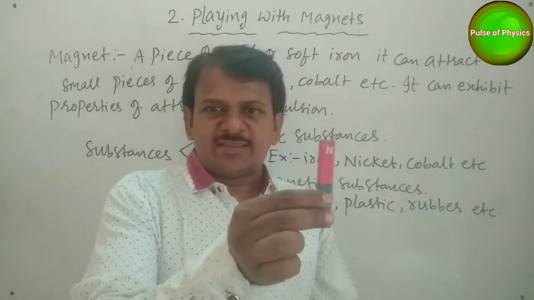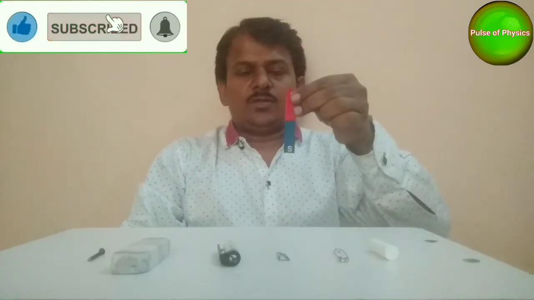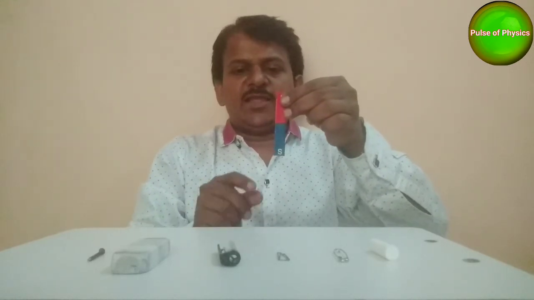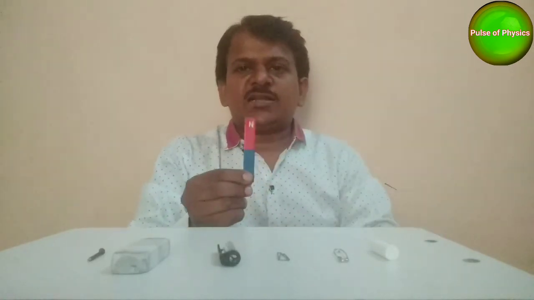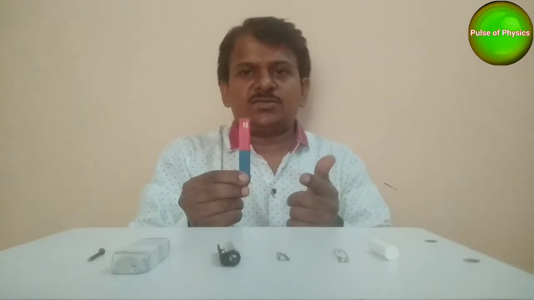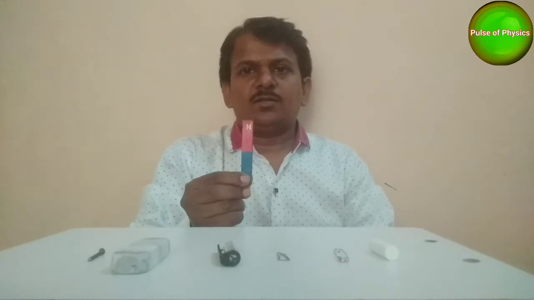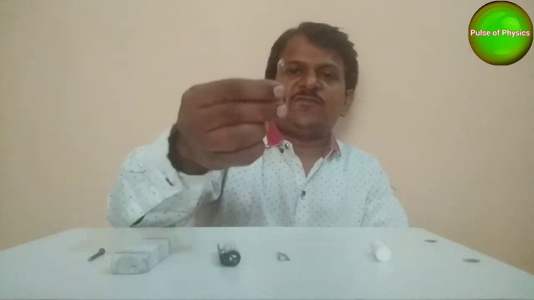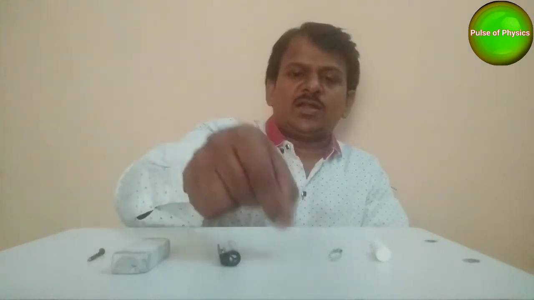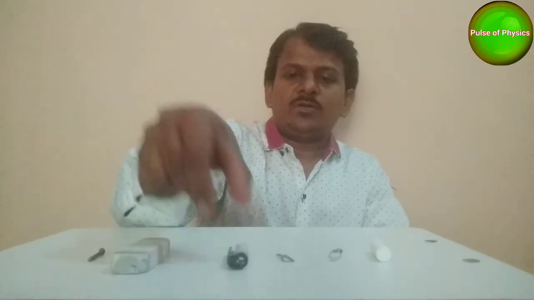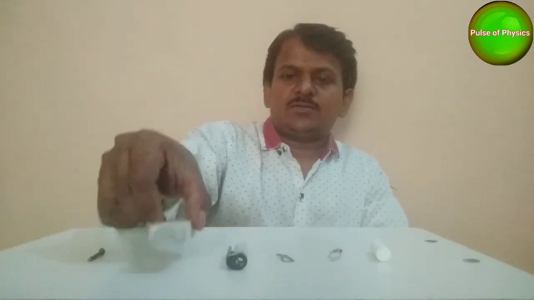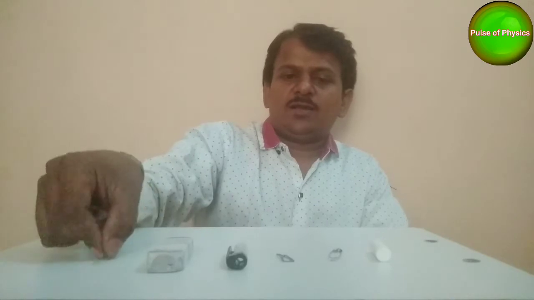Let's see the activity: finding the materials which are attracted by the magnet or not attracted by the magnet. See here: chalk piece, safety pin, paper clip, pen cap, rubber eraser, iron nail. Okay, I kept them like this.